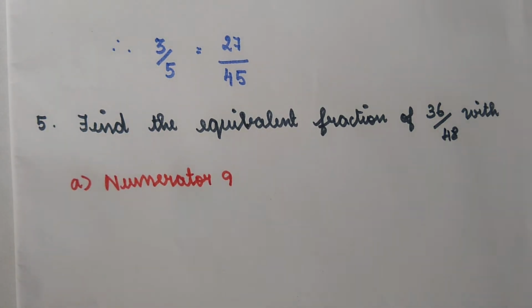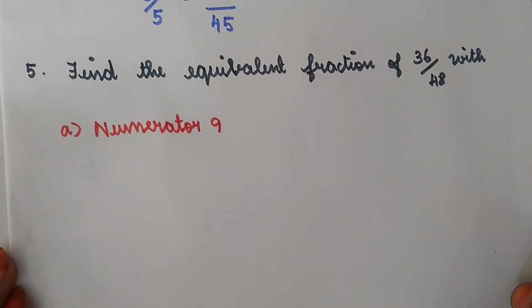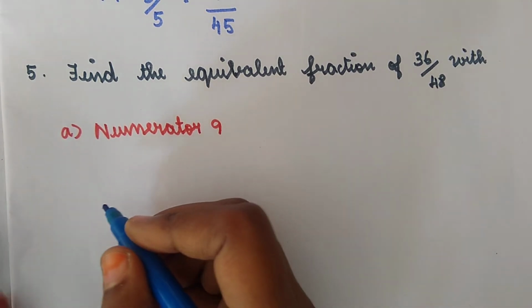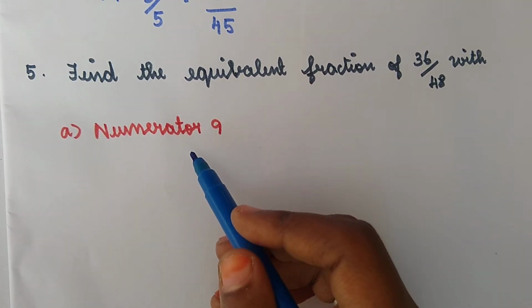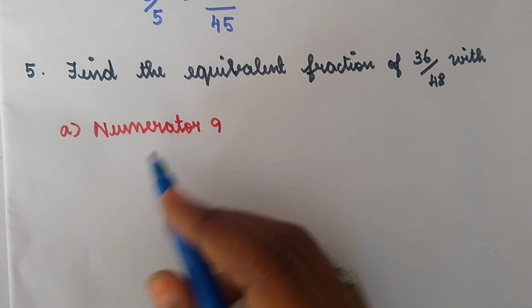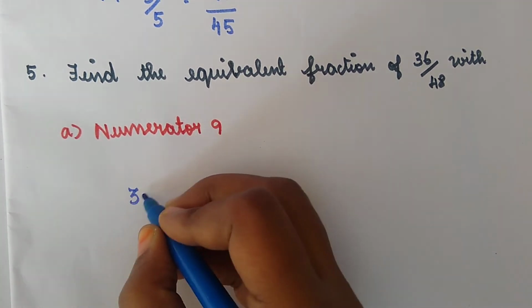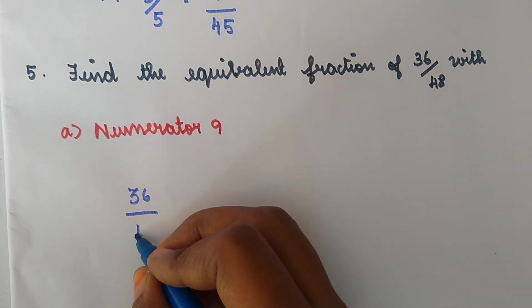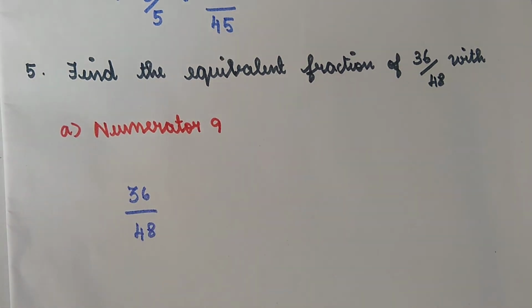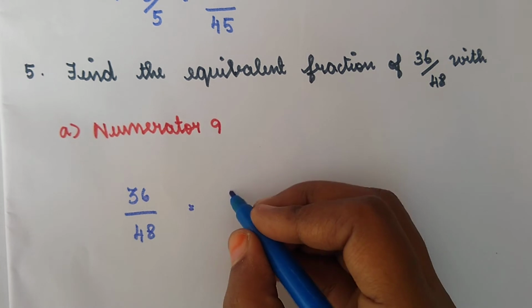So again the same concept, write down whatever is given and find the rest of the part. So we have to find which part? Denominator part. 36 by 48. The given is numerator 9.